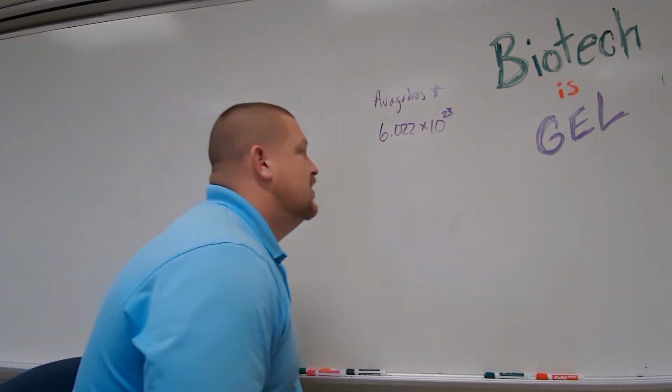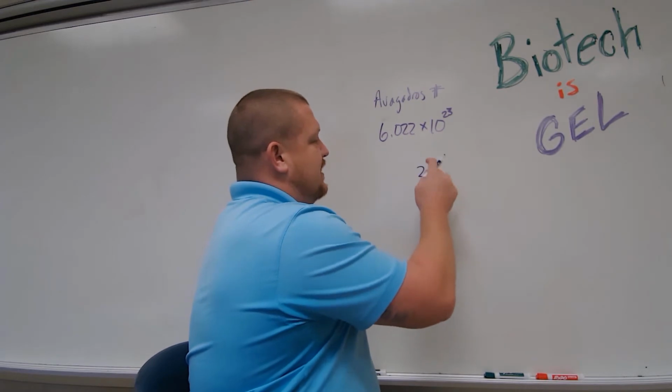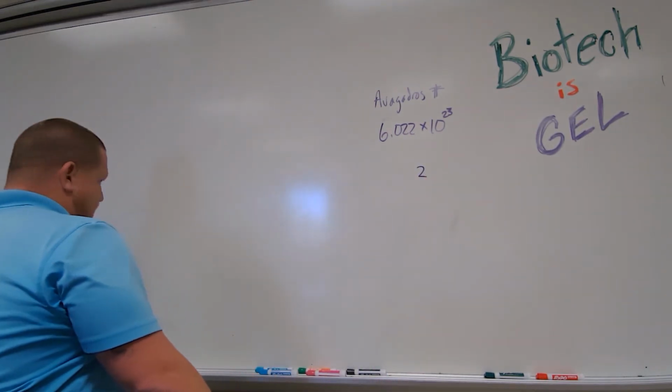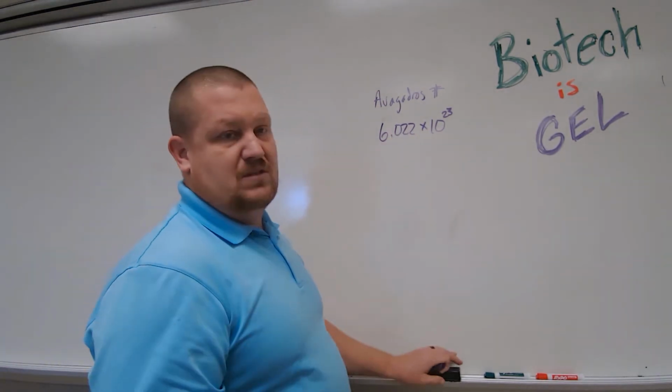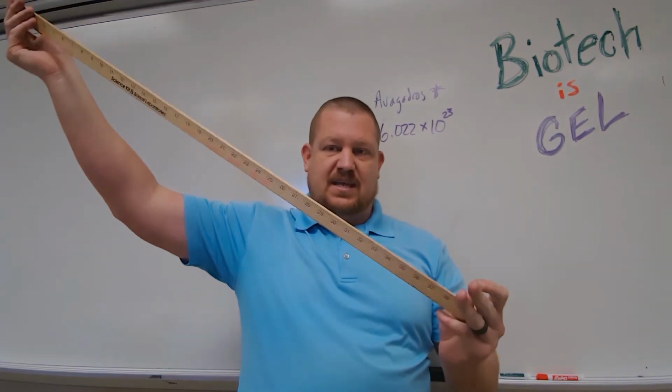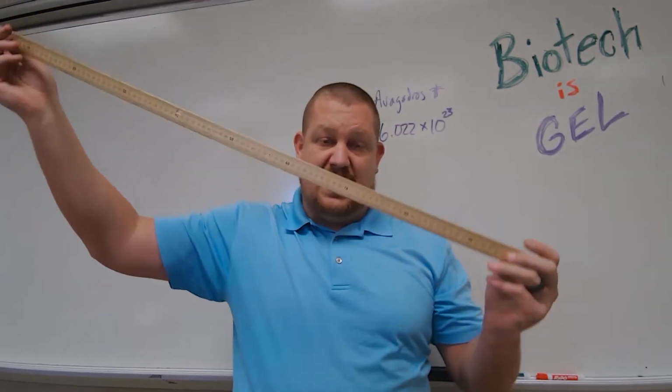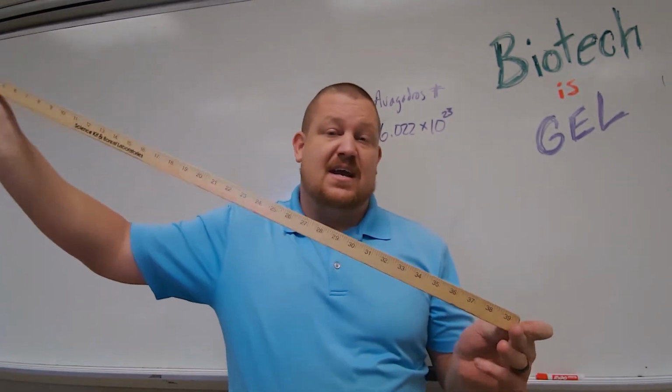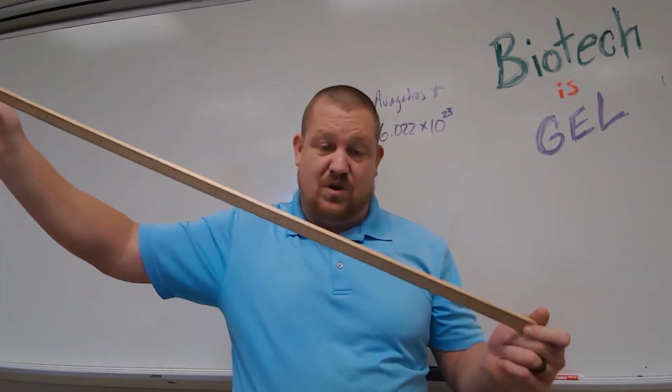That is 1. So a conversion factor is something you know. I got a ruler, right? There is 100 centimeters in this 1 meter stick. Or if you know this is a yardstick, there are 36 inches in 1 yardstick.